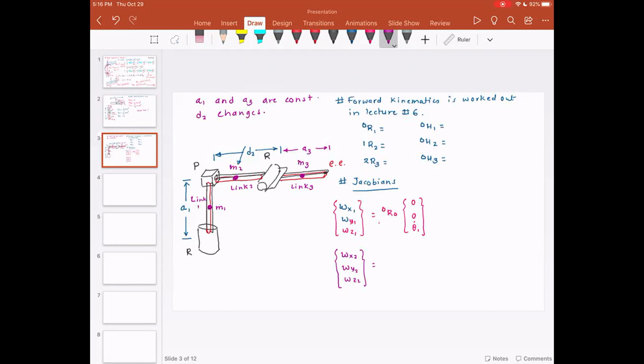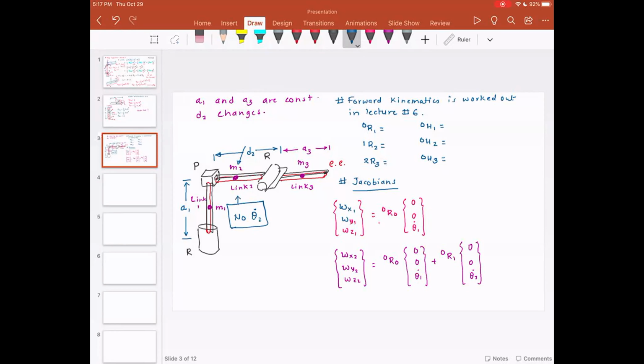For the second link, omega x2, omega y2, omega z2 is equal to 0R0 times [0, 0, theta 1 dot] plus 0R1 times [0, 0, theta 2 dot]. And here I want you to be super careful. Please look at the joint variable. There is no theta 2 dot because it's not a revolute joint.